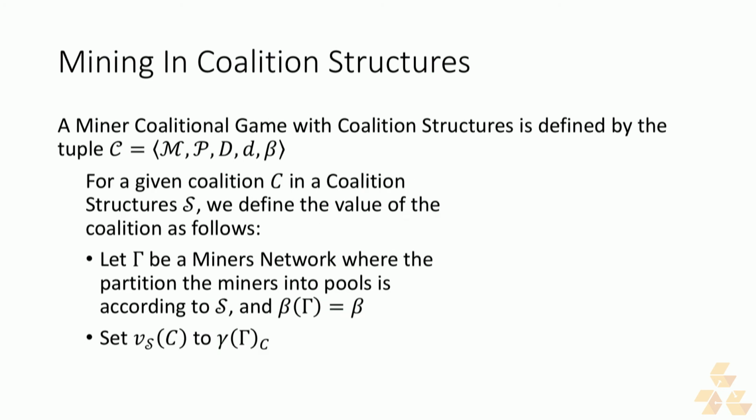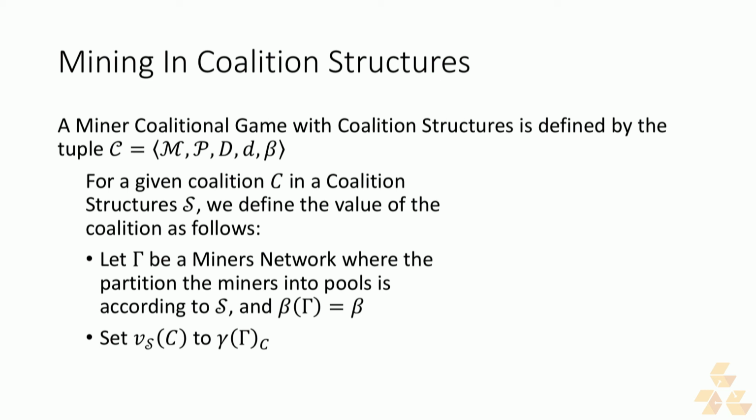define a game. Given a coalition structure, for the value of a pool, we abstractly think about a network that creates blocks in the longest chain at exactly the rate that we want, and we ask ourselves what is the probability that a specific pool created a block in the longest chain.